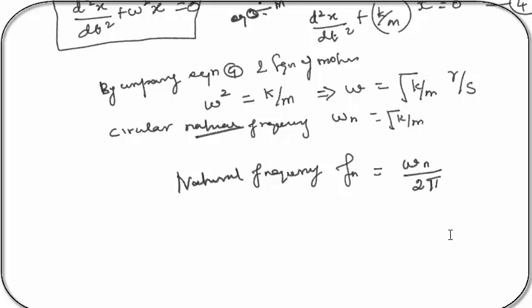So the equation becomes f1 is 1 by 2 pi times omega n, where omega n is root of k by m. It is cycles per second, or otherwise we can represent it in hertz. So this is the frequency of longitudinal vibration: f1 is 1 by 2 pi root of k by m.